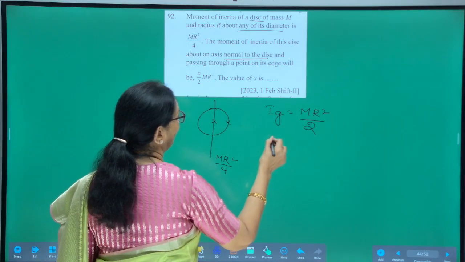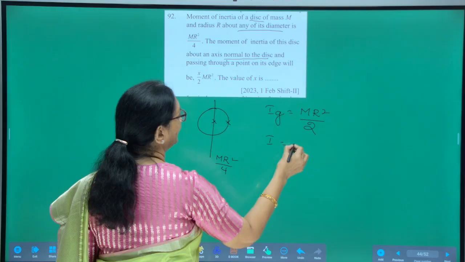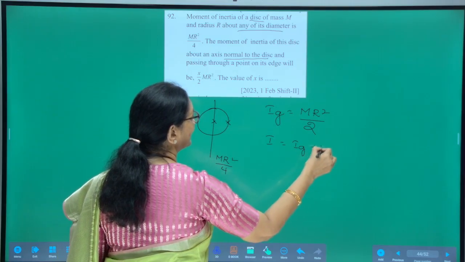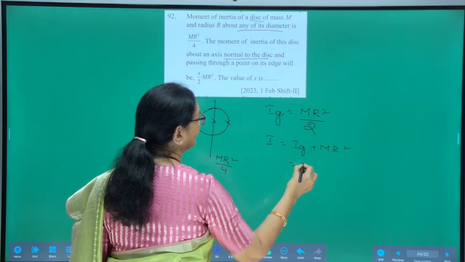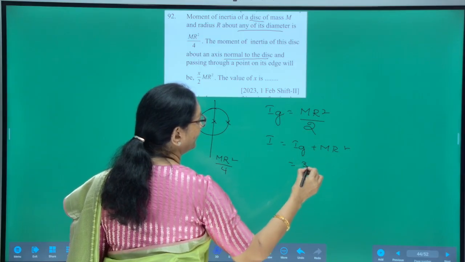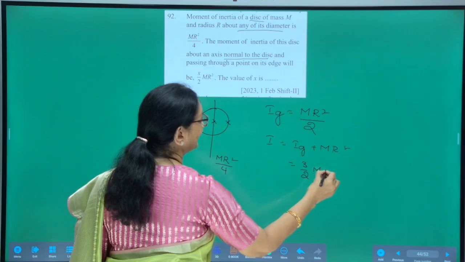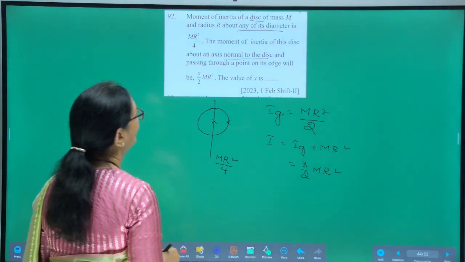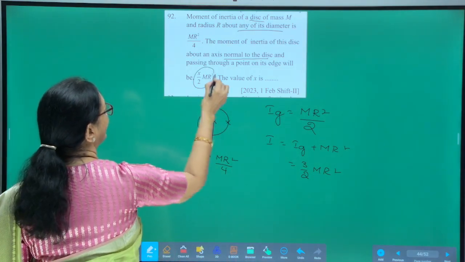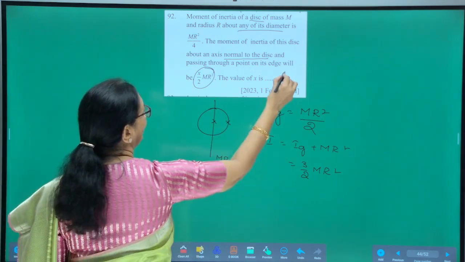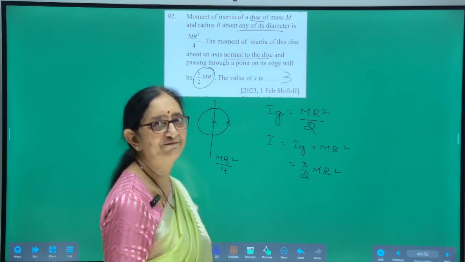For a disc, I is equal to Ig plus mr², that is mr²/2 plus mr², that is 3/2 mr². So, here he mentioned it as x/2. In place of x, we have 3.